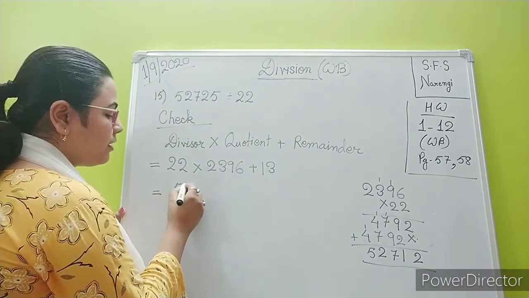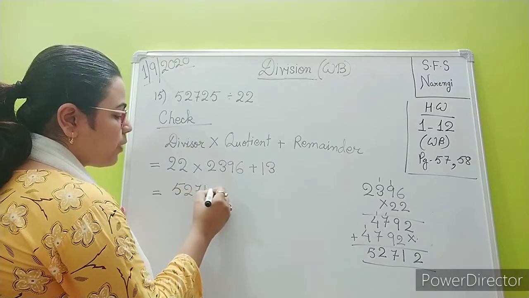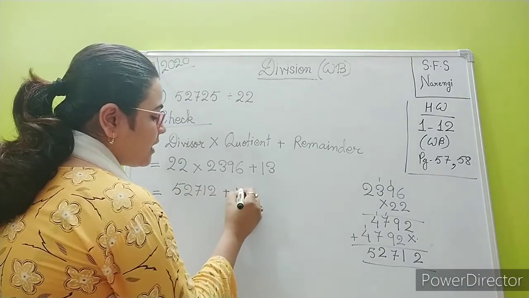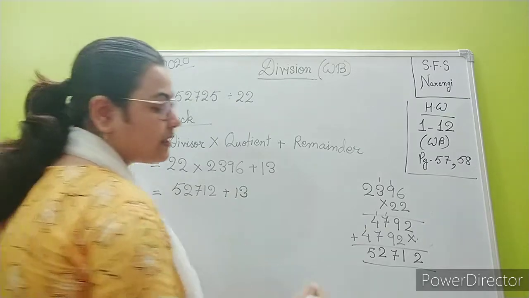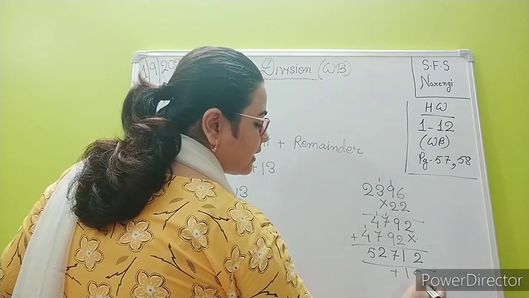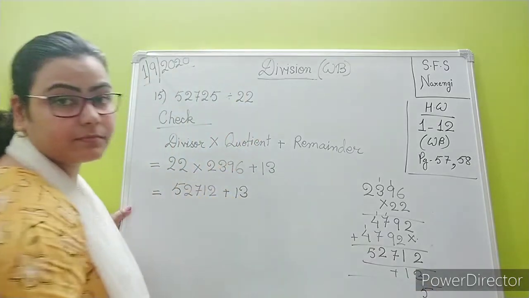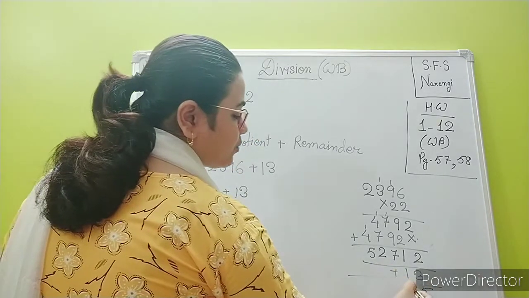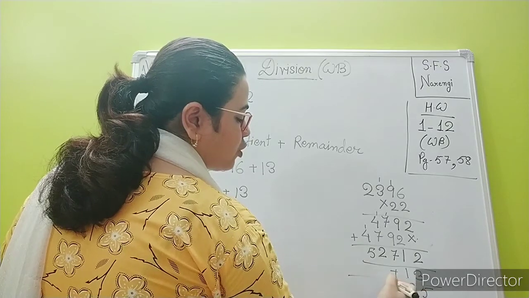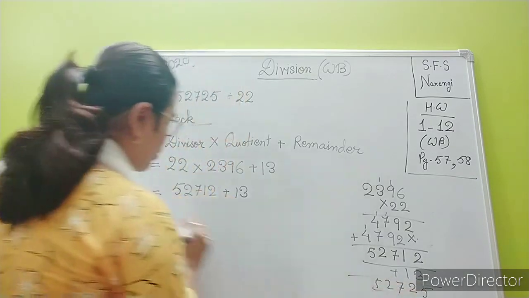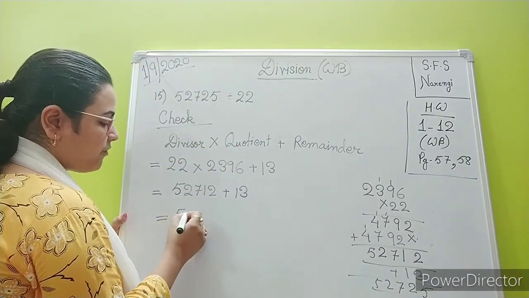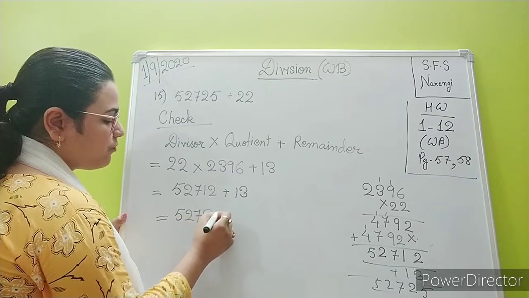1 carry. 4 plus 1 is 5. So we have 52712 plus 13. Let's do the plus 13. 3 plus 2 is 5. 1 plus 1 is 2. 7, 2, 5. So our answer comes 52725.